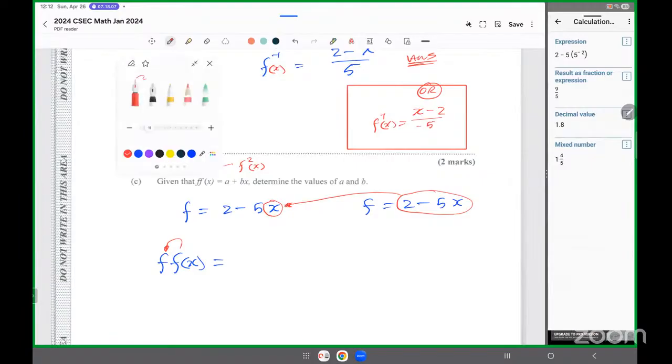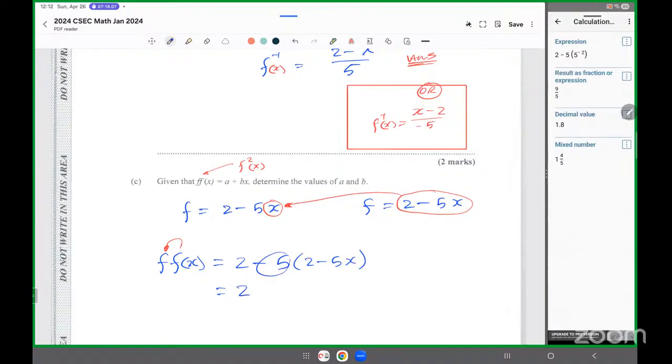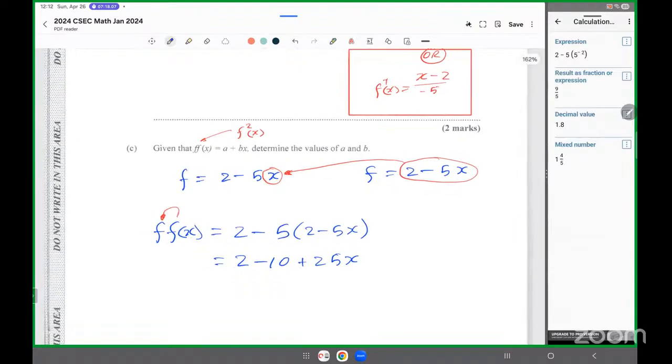So it's 2 minus 5, where this x is now all of the f, which is 2 minus 5x. Then simplify it down. So it's 2, and then minus 5 times each of these values. Minus 5 times the 2 first is minus 10. Then minus 5 times minus 5 becomes a plus 25x. And then 2 minus 10 is negative 8 plus 25x.